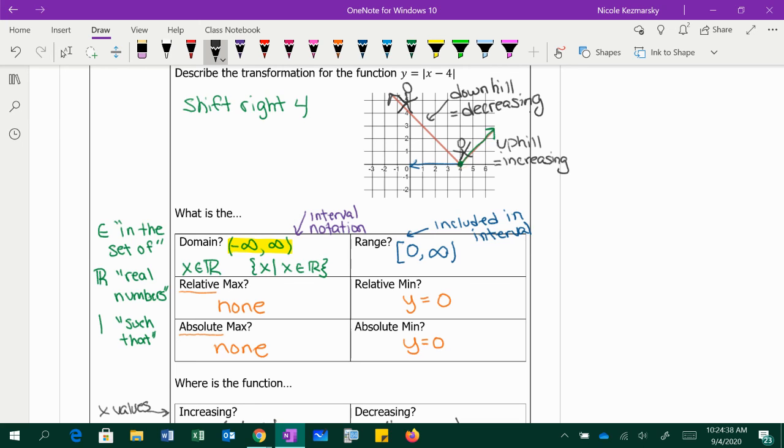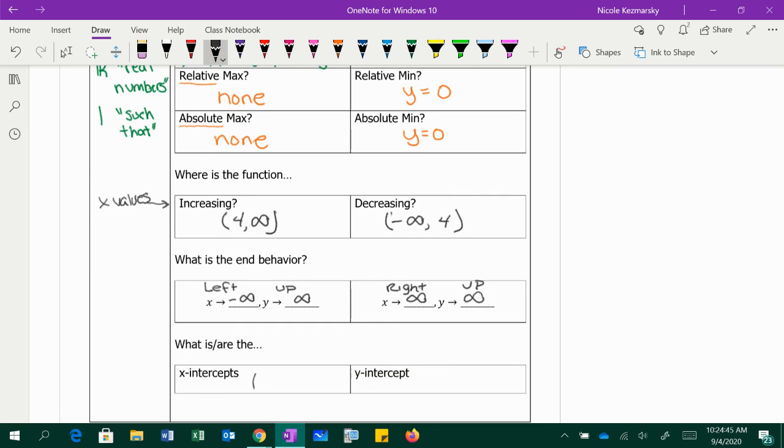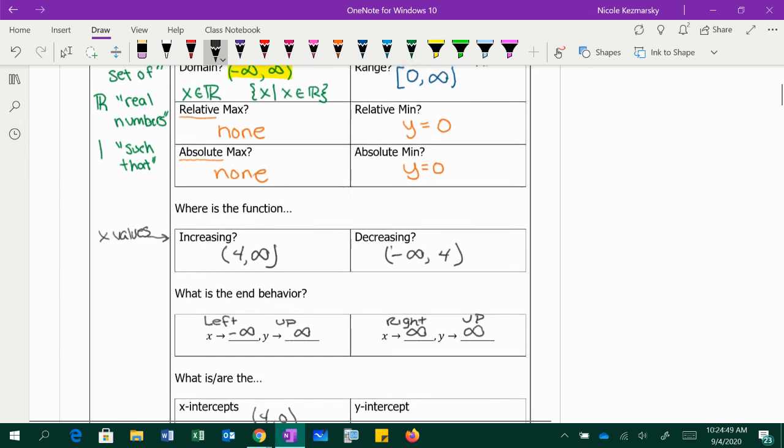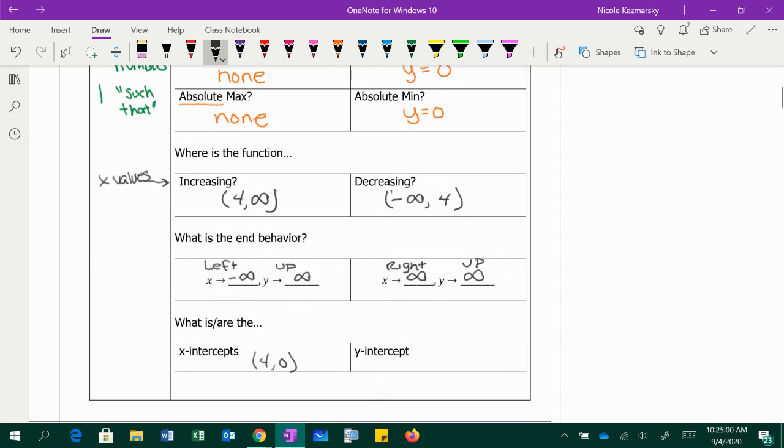And so that happens at the point 4, 0. Then we're going to look for the y-axis. So there's my y-axis. And if I go up to where the graph hits it, it also hits at 4. But that point is the point 0, 4.